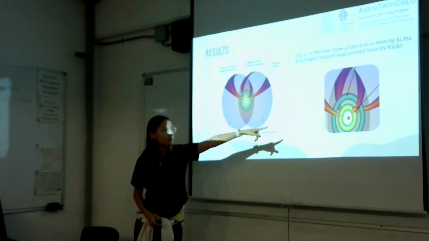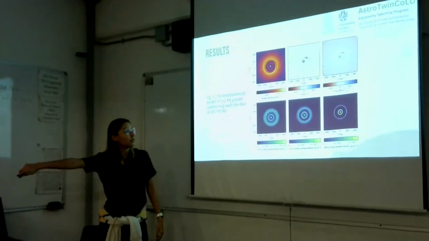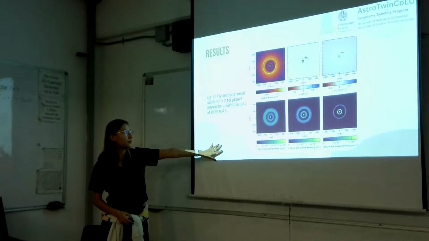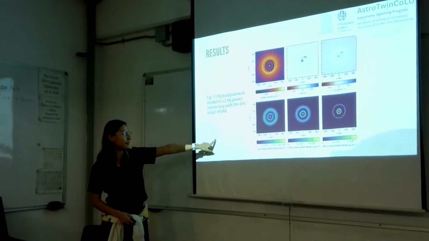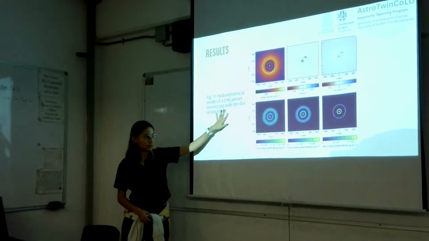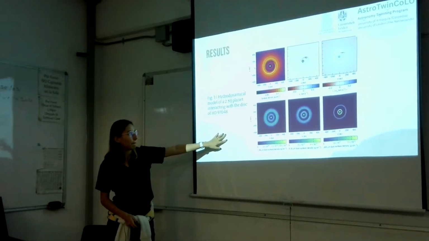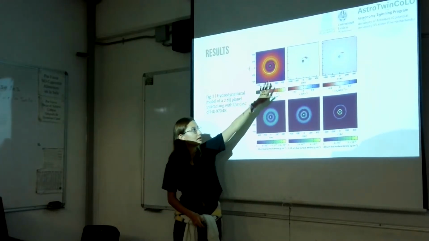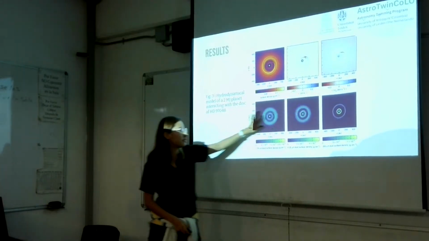And this is the kink zoom. This is a hydrodynamical model for a 2 Jupiter mass planet interacting with this disk, and as you can see, there are these spirals, and the redshift and blue shift.